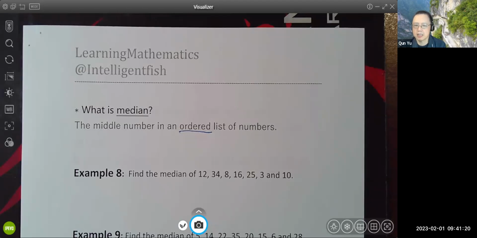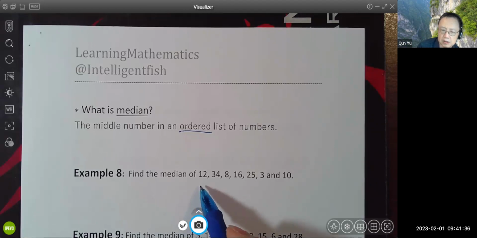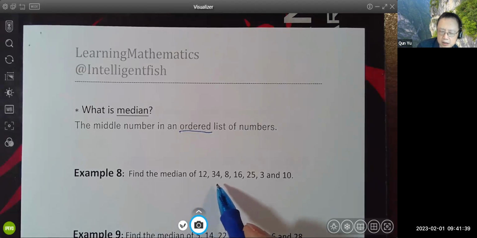So I'm going to use example 8 to show you. It doesn't matter how you list those numbers in order, as long as you put them in order, you get the same median. First, I'm going to list these numbers from the smallest to the greatest.